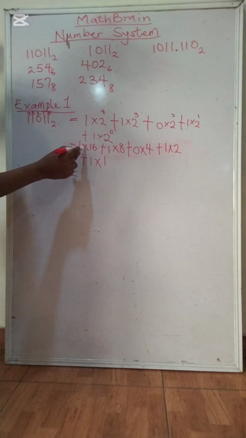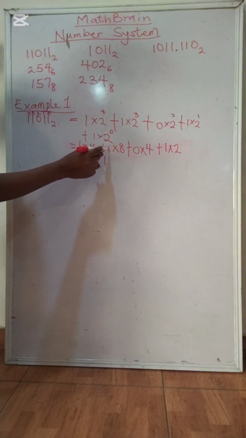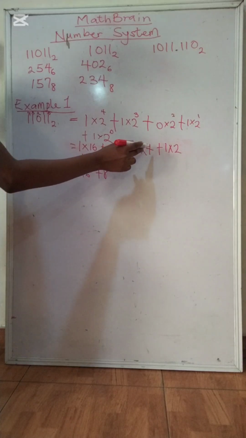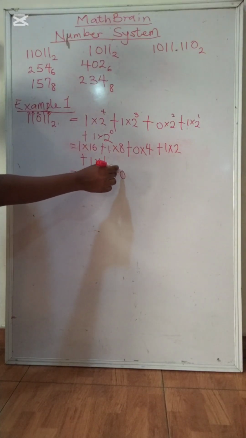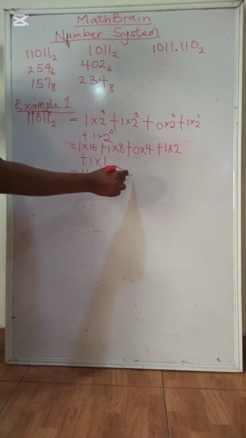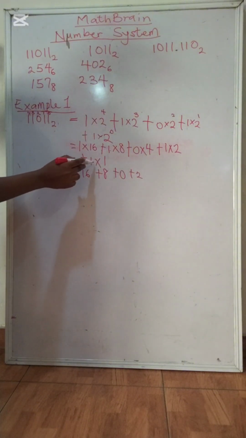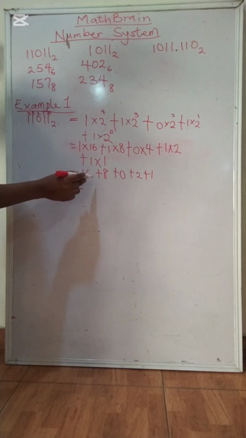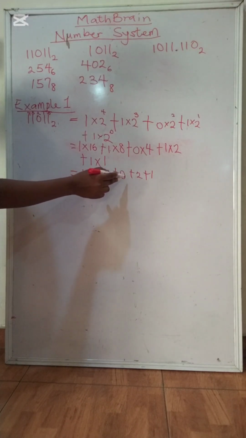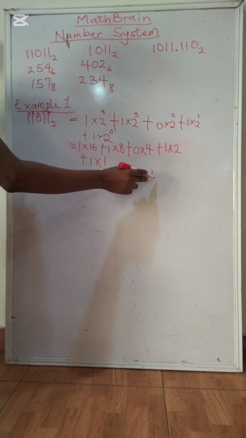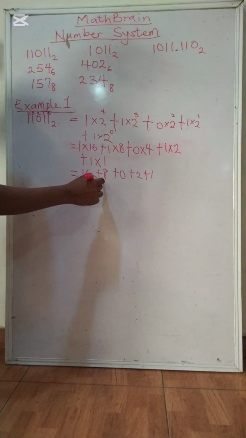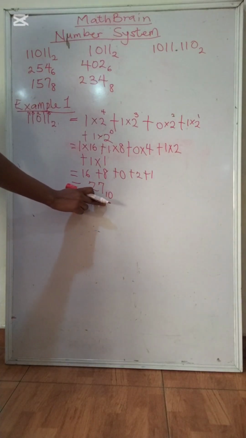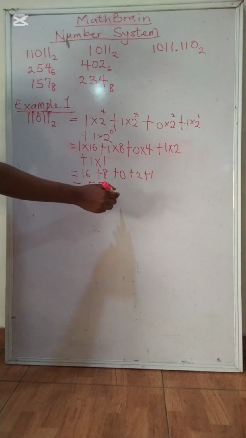So we have 1 times 16 is 16, 1 times 8 is 8, 0 times 4 is 0, 1 times 2 is 2, and 1 times 1 is 1. That gives us 16 plus 8, 24, plus 0, 24, plus 2, 26, and plus 1, 27. So we have 27 in base 10. Do not forget to add the base 10 to your answer, and that's it.